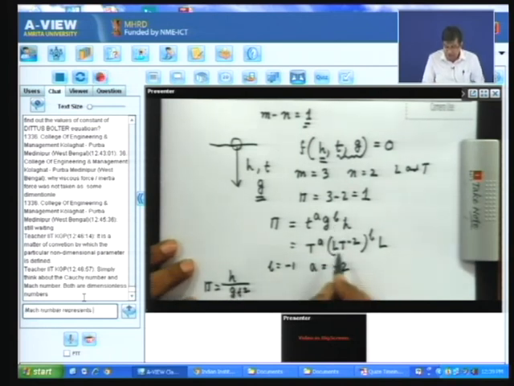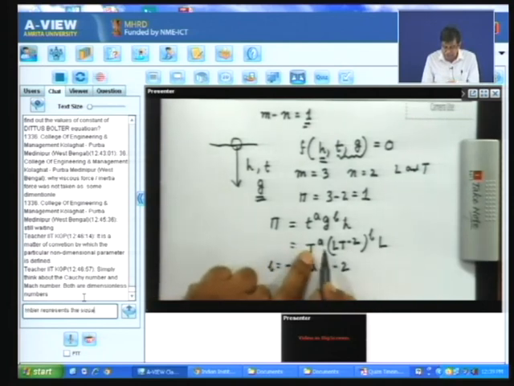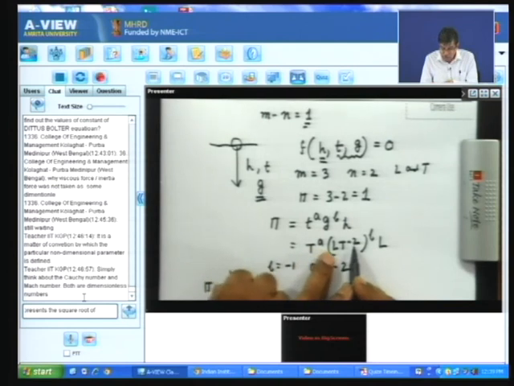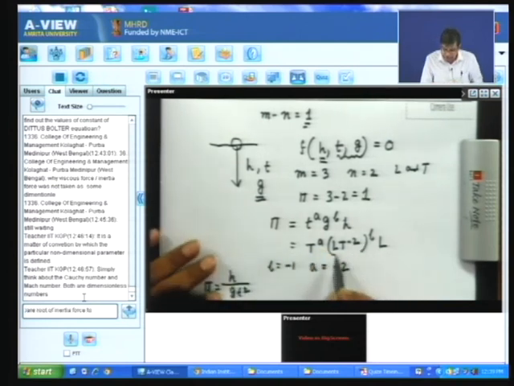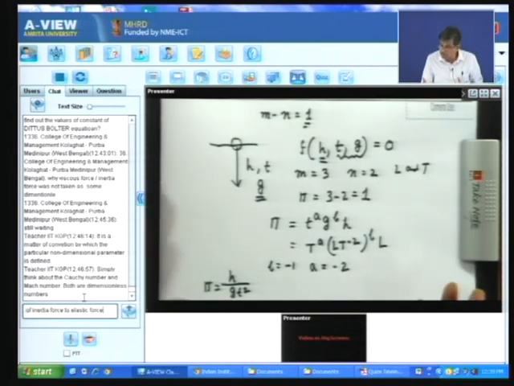You just solve for L and T: for L, b plus 1 is 0, and for T, a minus 2b is 0, so b is minus 1 and a is minus 2, alright.